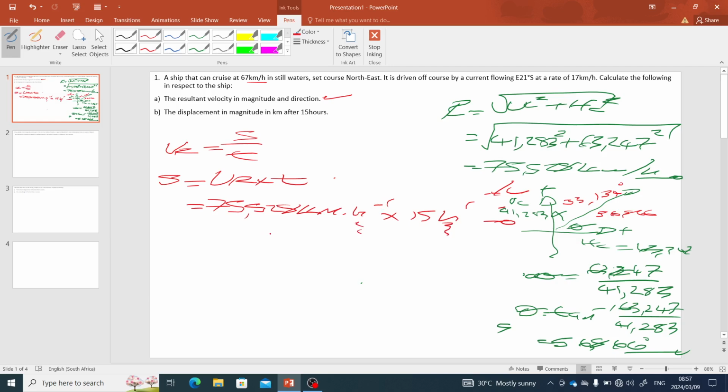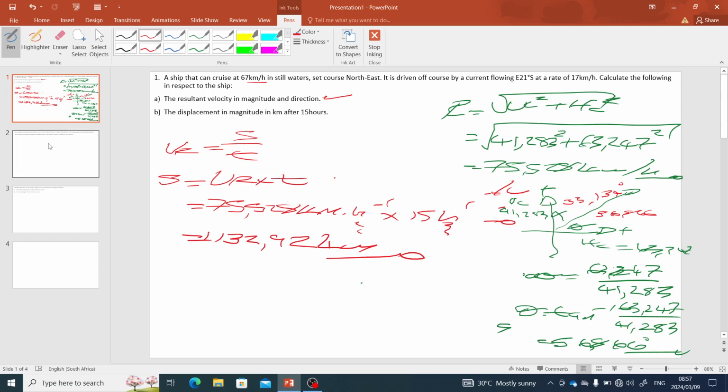Anything to the power 0 equals 1. Now it will be 75.528 multiplied by 15. Then we get our answer as our displacement. It is 1,132.92 kilometers. Right. This is how you tackle this equation.